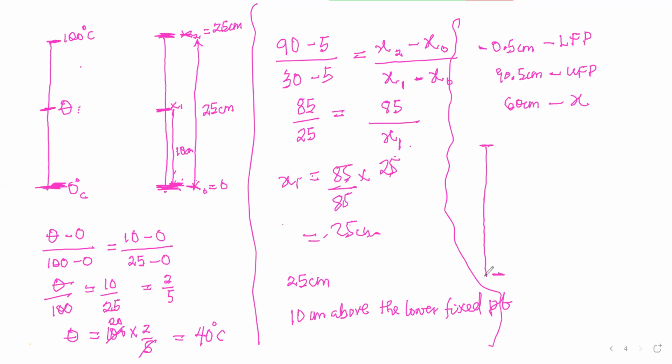So for the Celsius, 0 degrees Celsius, 100 degrees Celsius. Then we are told at 0 degrees Celsius, the length of the mercury is minus 0.5.